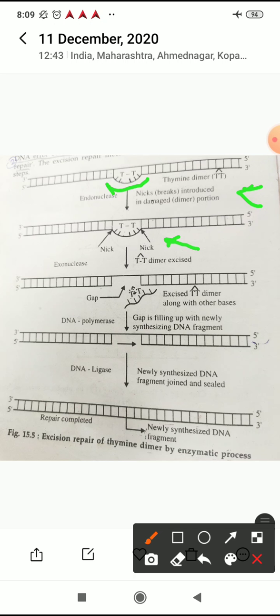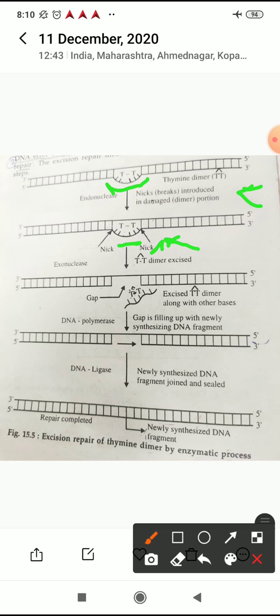Nicks, or you can say breaks, are made on both sides of the dimer along with some other nucleotides.